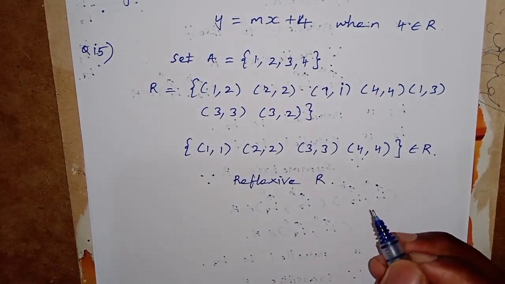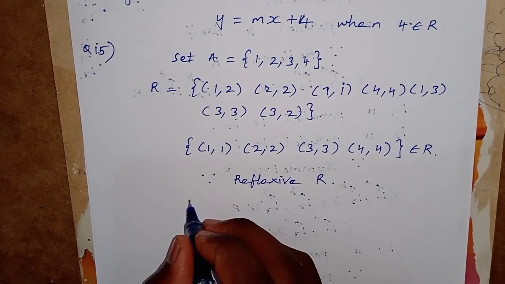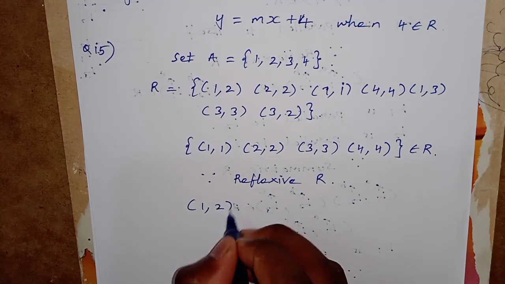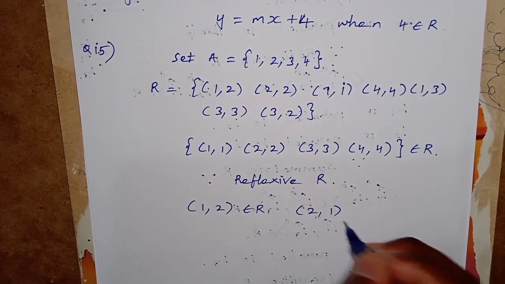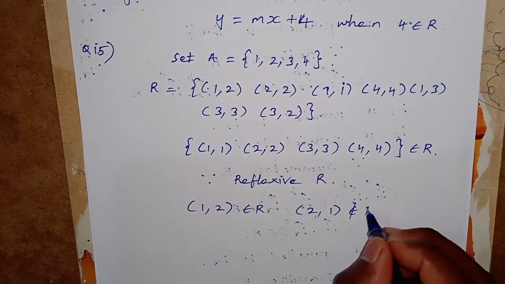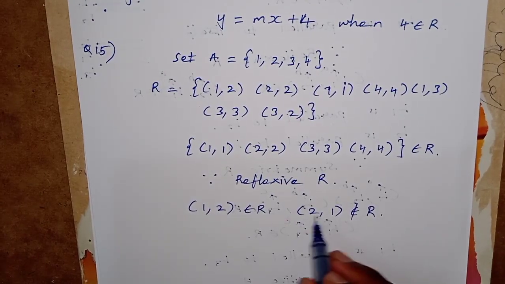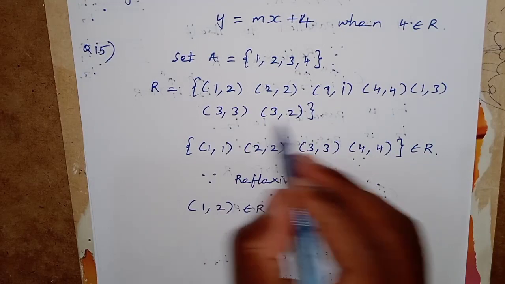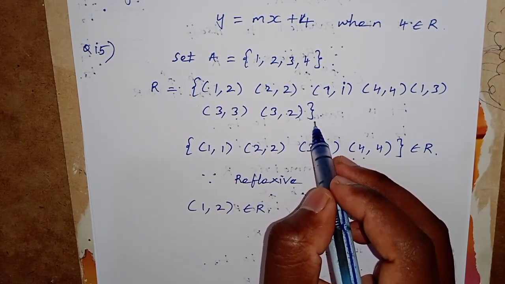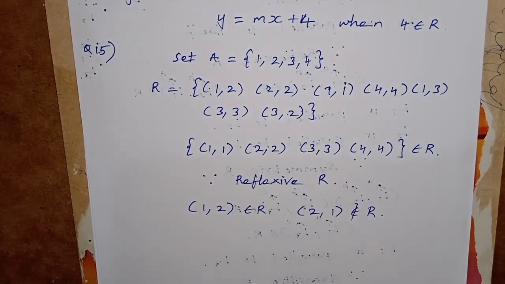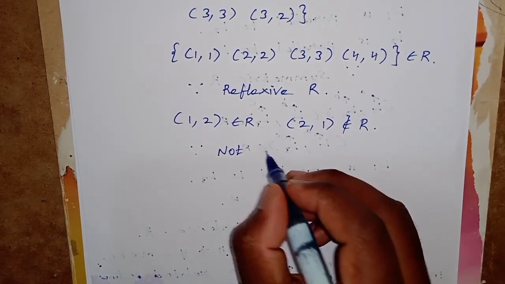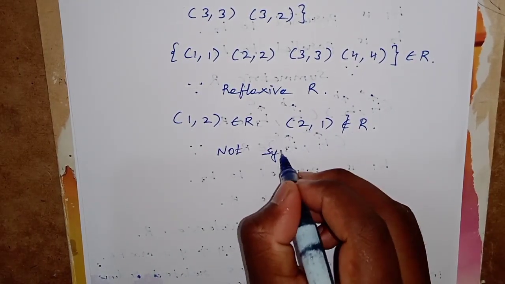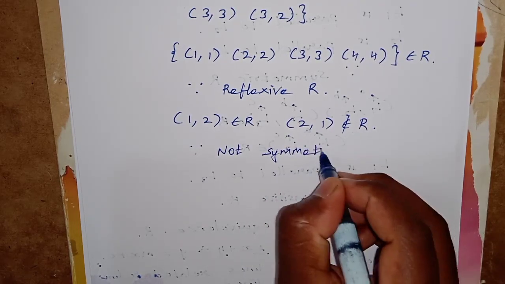Next, for symmetry, (1,2) belongs to R, but (2,1) does not belong to R. (2,1) is not here in our ordered pairs. Therefore it is not symmetric relation.